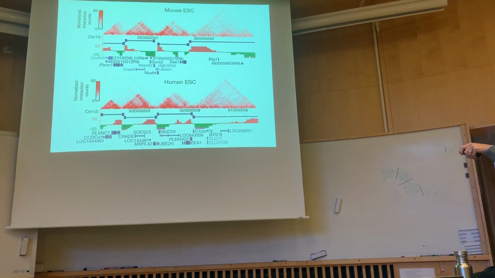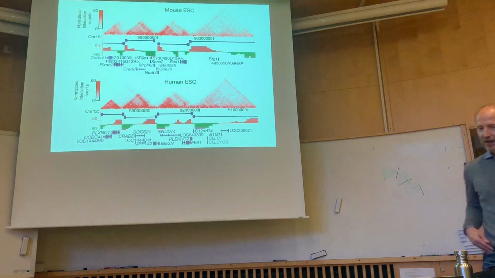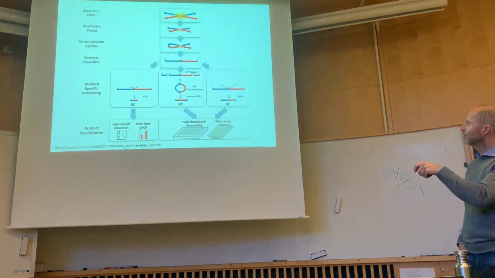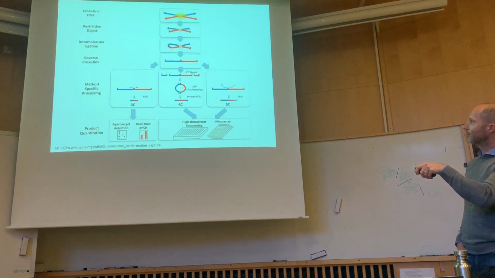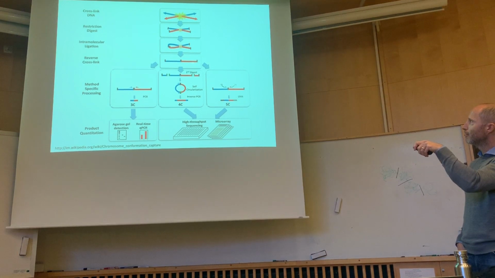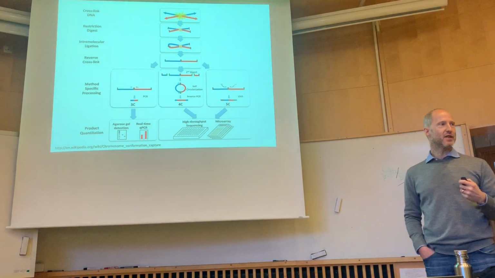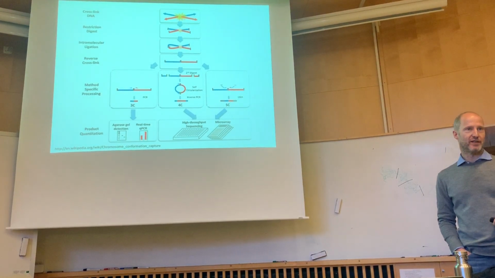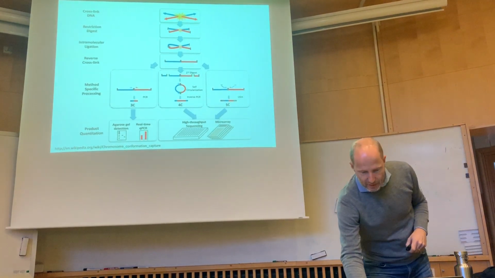This experiment is called Hi-C. Like 3C, 4C, 5C, Hi-C is all against all with the sequencing. These Hi-C experiments are rather difficult to make, and so we don't have these contact maps for all cell types yet. They will be very important.